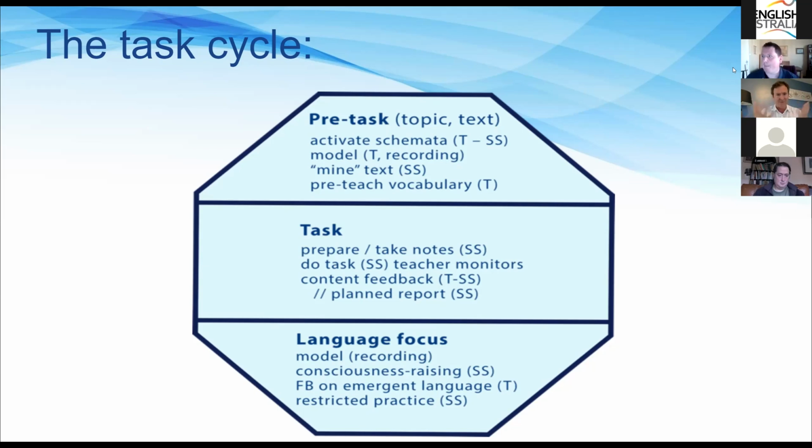The task itself is the centerpiece of the lesson, as I've said. Now, this should be done by the students more or less independently. So they're focusing on the goal, as Neil has said, they're focusing on the outcome, they're using their own resources. There can be some focus on language here, but it generally comes from the students.